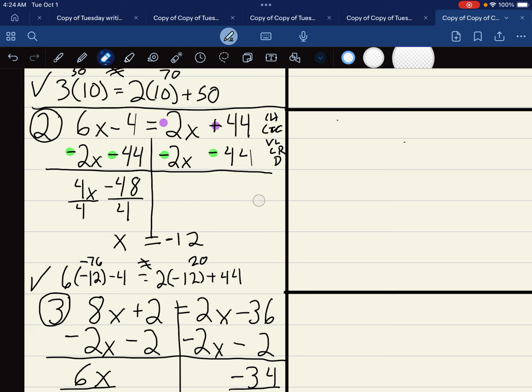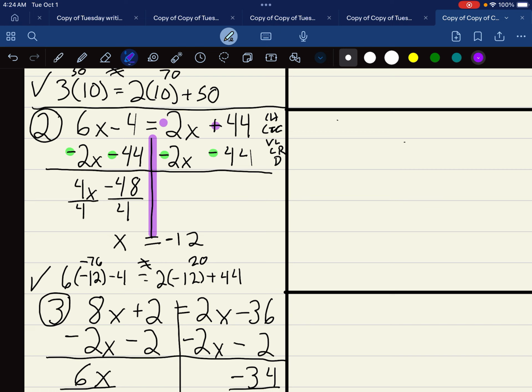Anytime you end up with both your variable and constant on the same side of this line right here, you're going to get a sign error. It's going to be wrong. You have to have them on opposite sides. And you can't just say, oh, they're both over here, and write negative 48 on the other side.